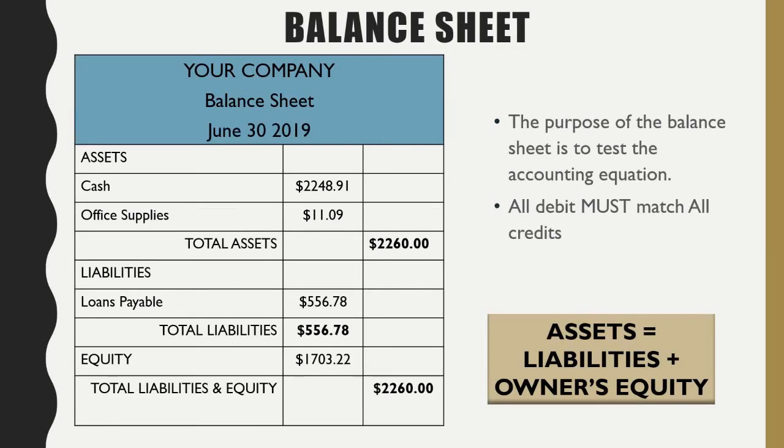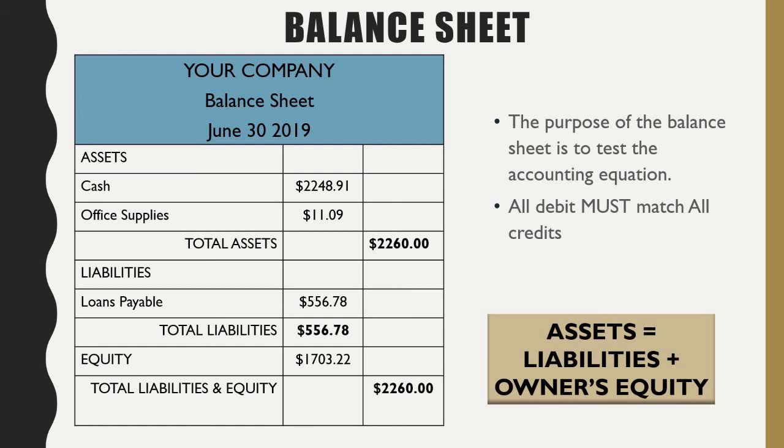The next financial statement that we'll be looking into is called the balance sheet. The balance sheet follows the accounting equation, which is assets equal liabilities plus owner's equity.